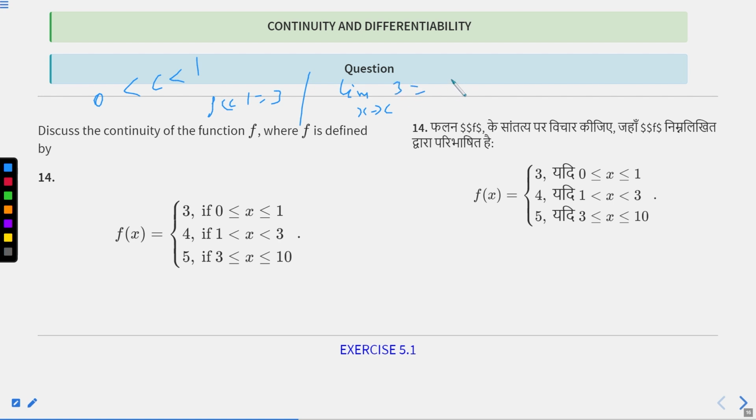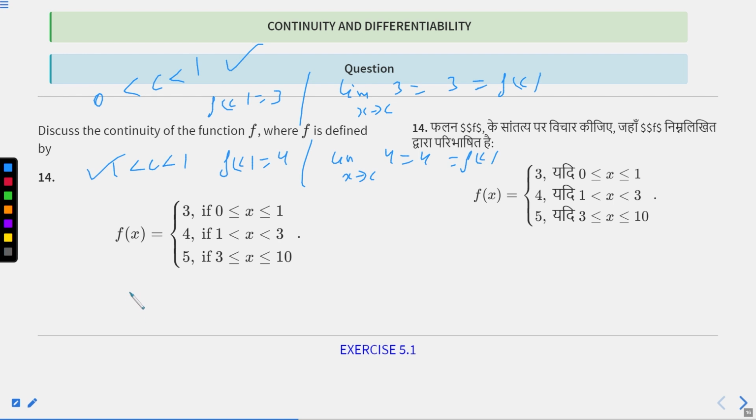This thing will happen. This means just 3. This means that this is just f of c, so continuous. If c is in between this, then f of c will be 4. Then limit x tends to c will be this, just 4. This means f of c, continuous.